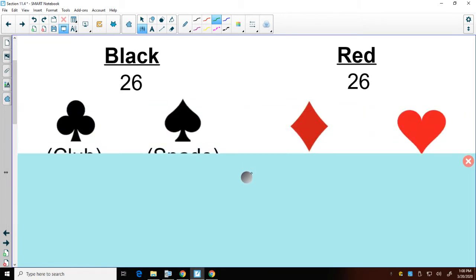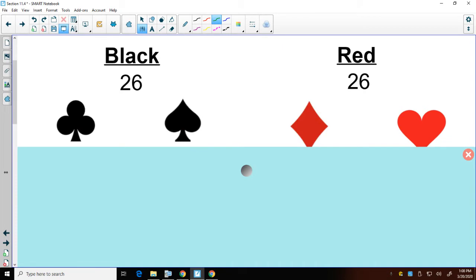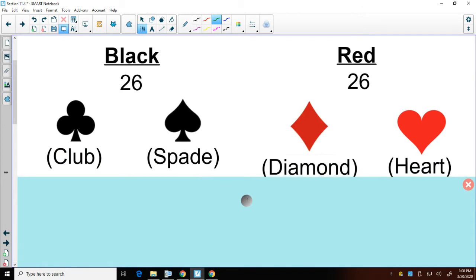They are the club, the spade, the diamond, and the heart, moving from left to right up there. Club, spade, diamond, heart.